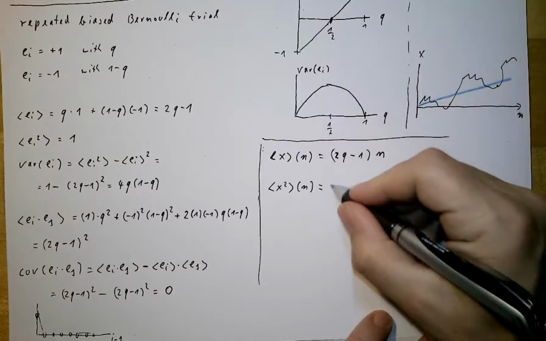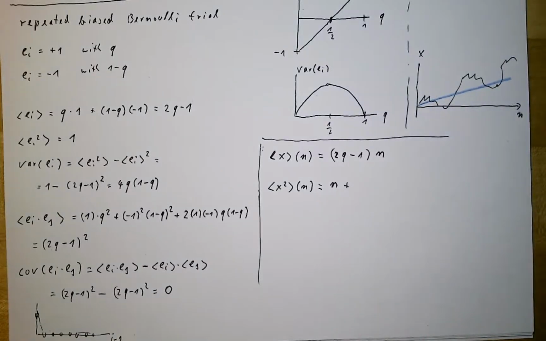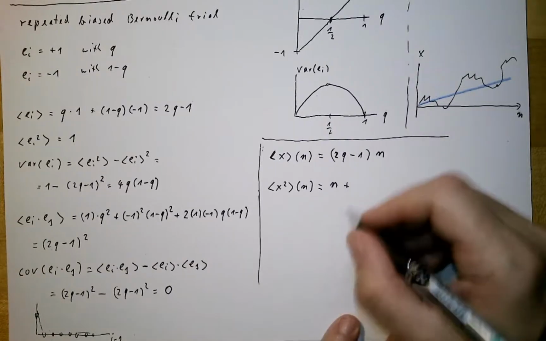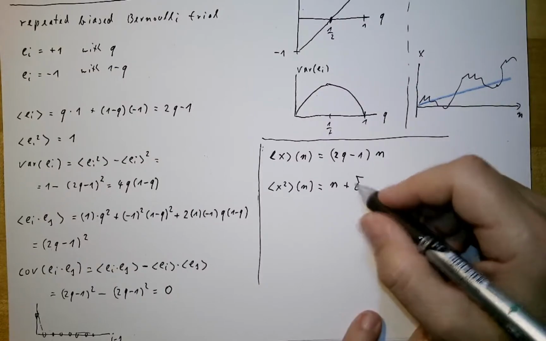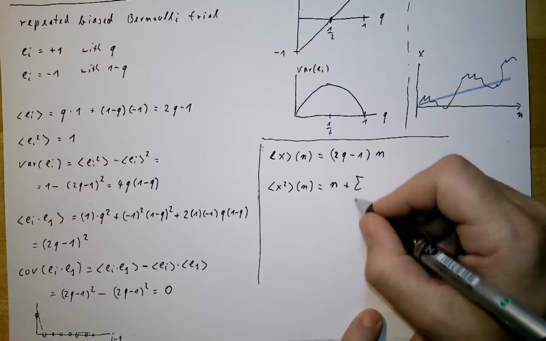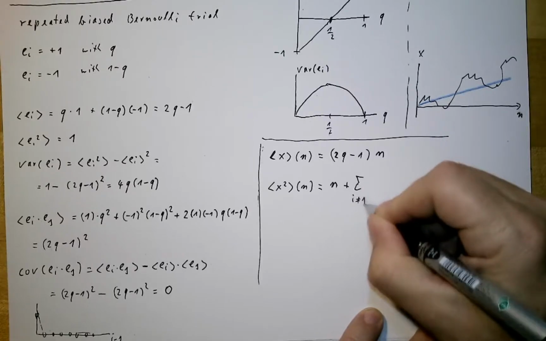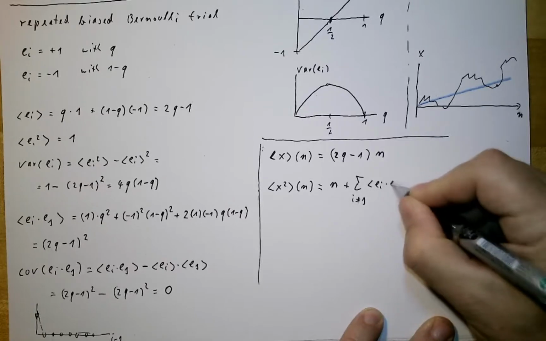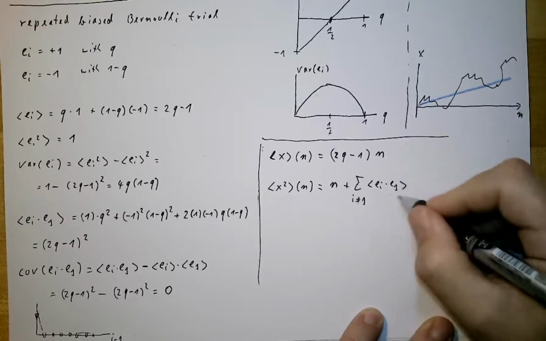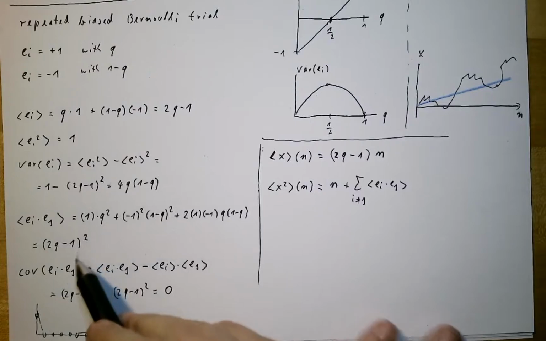So it goes just with n times 1, plus, now we need to sum up all i not equal to j of E_i times E_j, the expectation value, which we have here.